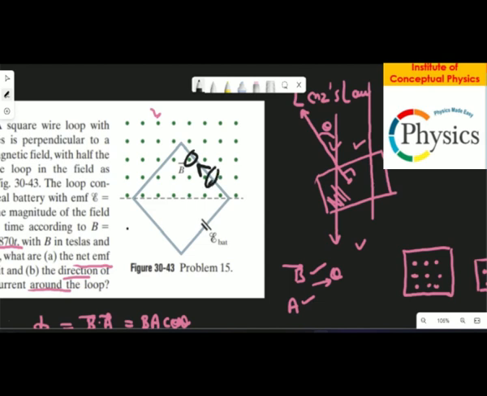So it is coming outward when it comes to the area where the magnetic field is existing. You can see the dots are the magnetic field. If you use the right hand thumb rule, you will realize that the magnetic field is coming outward. So this is the magnetic field which is associated with the induced current, right? And it is coming outward, so it will be a cross, right?